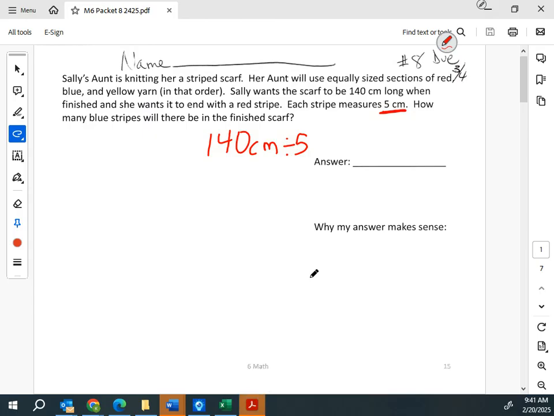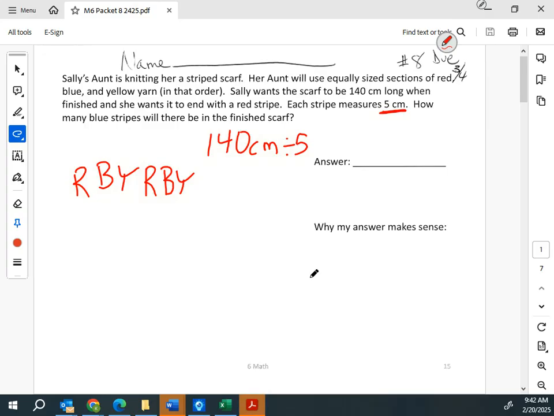That is not our answer. That tells us how many stripes there are. Then we need to figure out how many of those stripes are blue. We know our pattern is red, blue, yellow, and it's repeating. Figure out how many stripes you have.